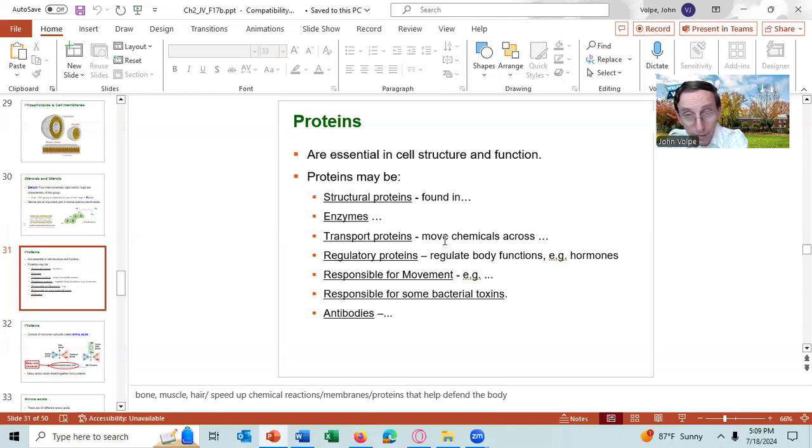Any question about them? And then there are proteins responsible for movement, both when people walk or just by moving my hand. That's because of the protein in our muscles, as well as for cells to move, like a bacteria. If it's flapping its flagella, well, that flagella is a protein that allows the cell to move.